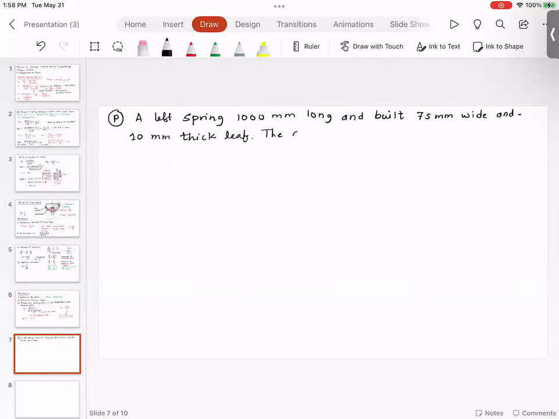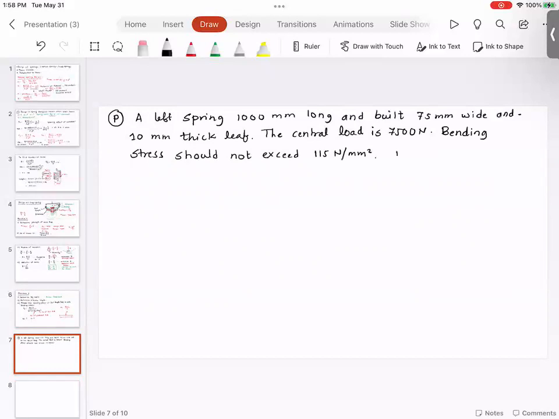The central load is 7500 Newton. Bending stress should not exceed 105 Newton per millimeter square.